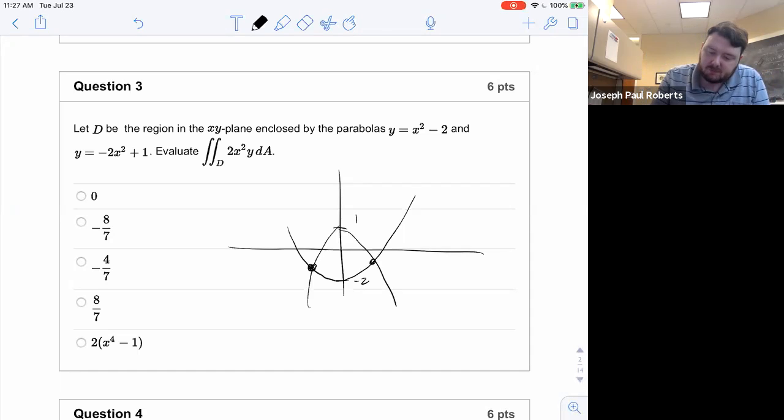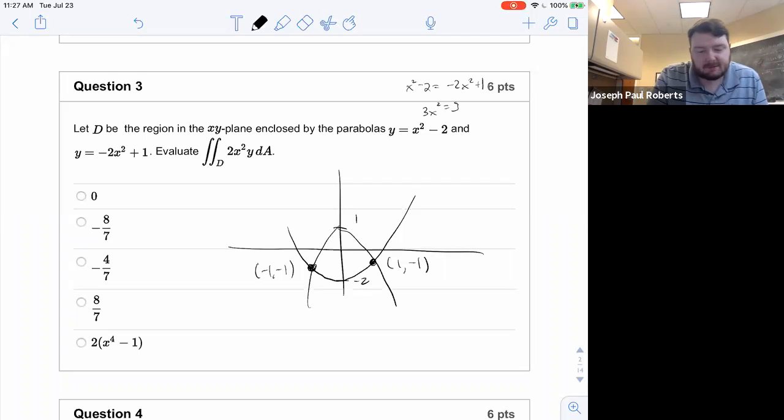We need to figure out these intersection points. If you say x squared minus 2 equals minus 2x squared plus 1, you'll get that 3x squared equals 3. So this happens at x equals 1 and x equals minus 1, and plugging back in, the points are (1, -1) and (-1, -1). Those are our intersection points.